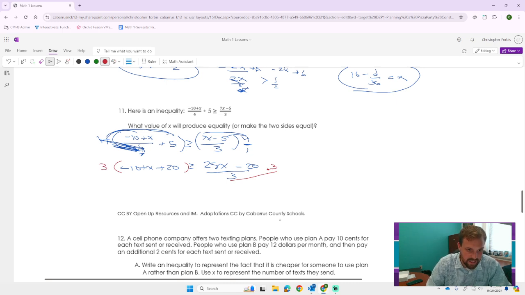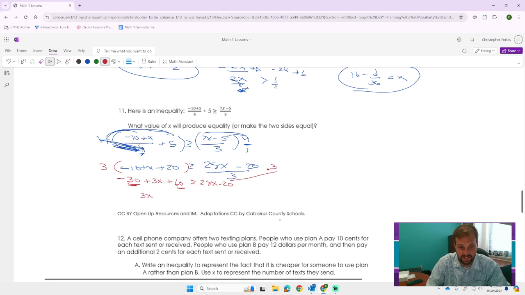So I get, let's see, 3 times negative 10 is negative 30, plus 3x. 3 times 20 is 60, greater than or equal to 28x minus 20. It's starting to look like a familiar problem. I'm seeing some like terms on this side I can combine together. So I get 3x.